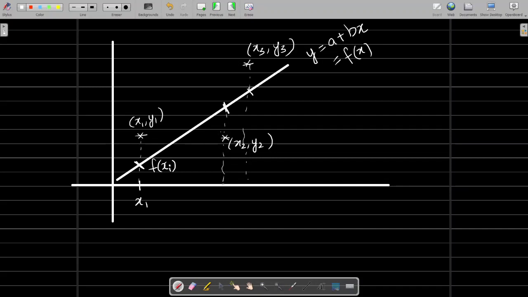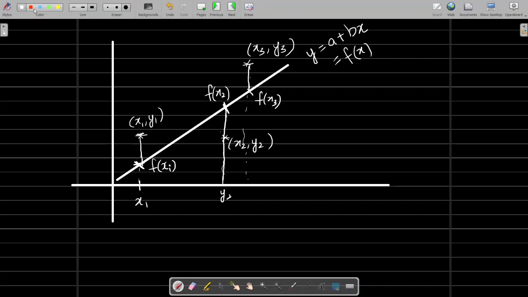So if you look at it, corresponding to y2, this is my x2, but the expected value is f of x2. Here it happens to be a straight line, that's all. Similarly, this is my f of x3. Okay, so this is my expected value, and x3, y3, y3 is the observed value. Now the thing is, the difference between these 2 points is the error.